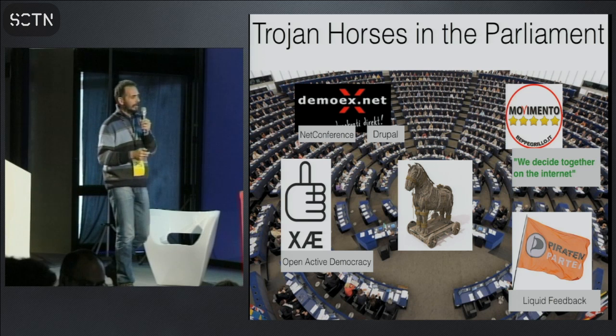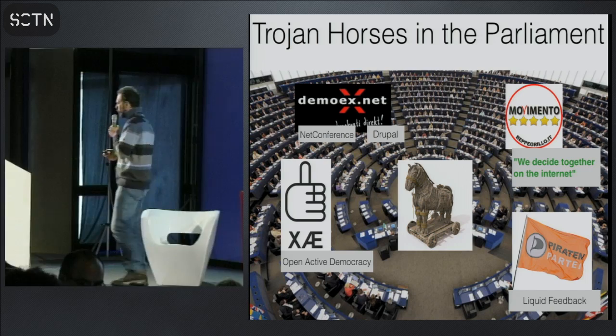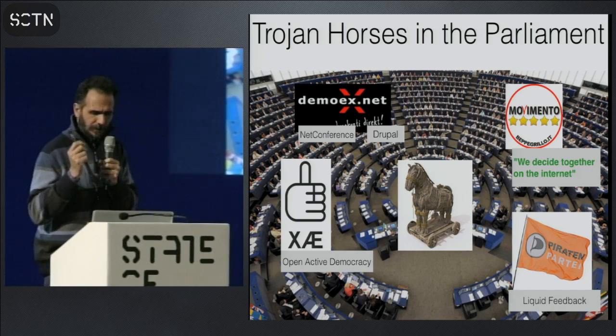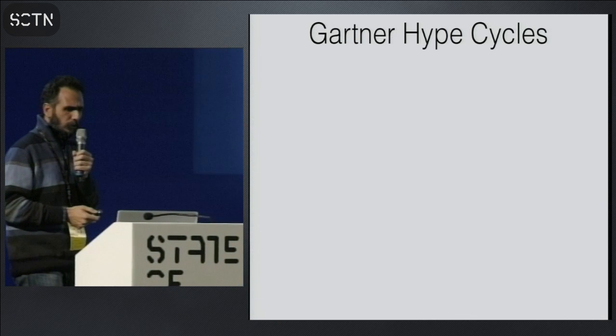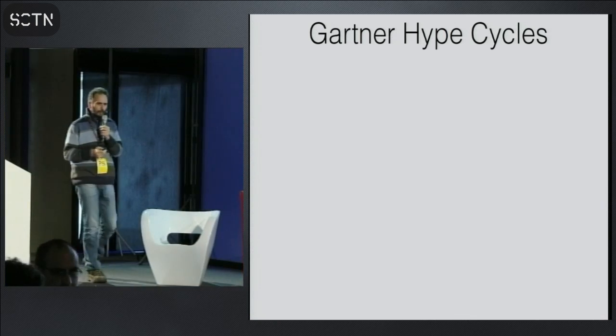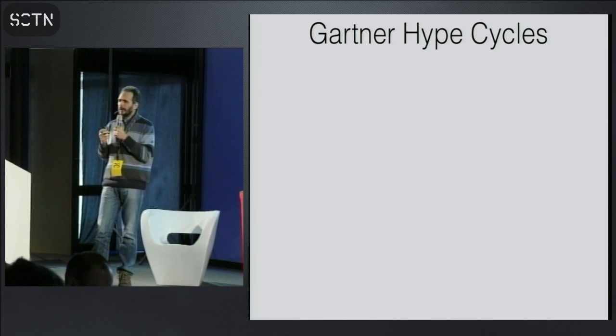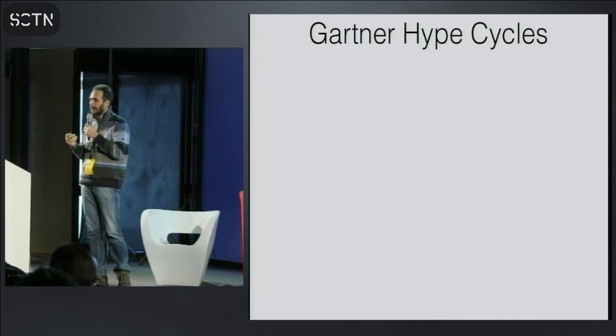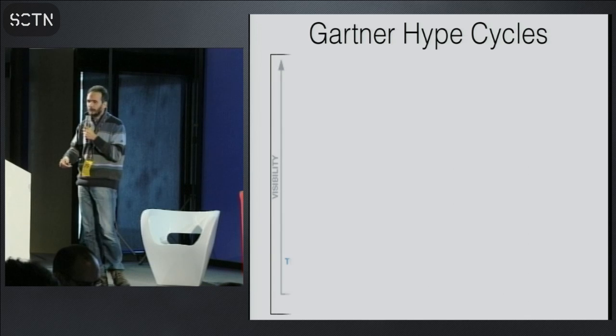And then the last one was the Movimento 5 Stelle, who got nearly a third of the electorate. So, if you look at all those parties, they tend to have something in common. They won, and they won big, and then they started to go down.